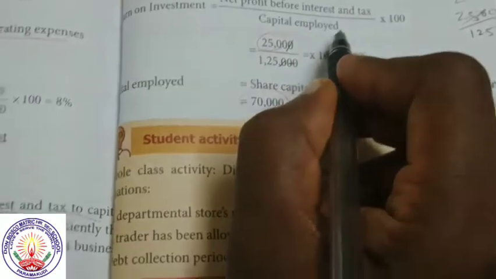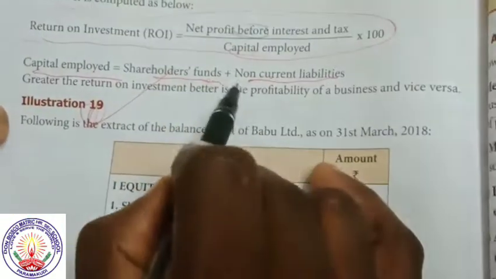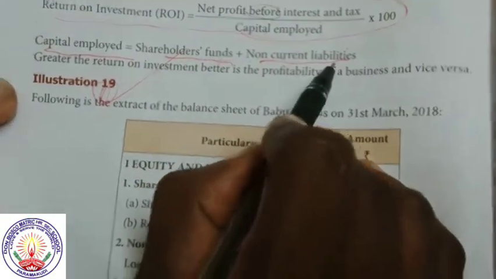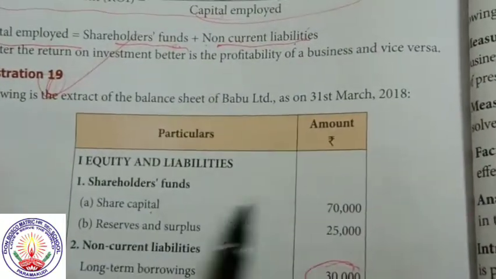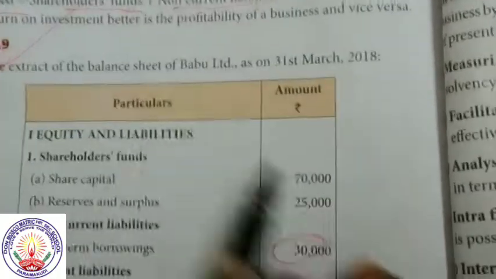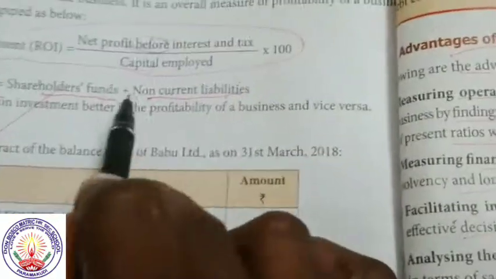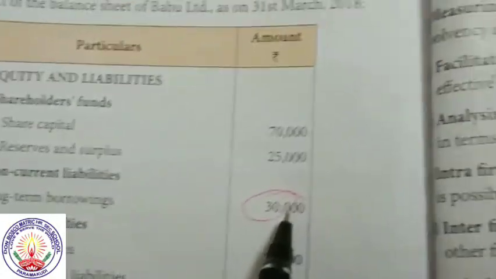How much is capital employed? Capital employed equals shareholder fund plus non-current liabilities. Shareholder fund means shareholder capital 70,000 and reserve and surplus 25,000, plus non-current long-term borrowing 30,000.